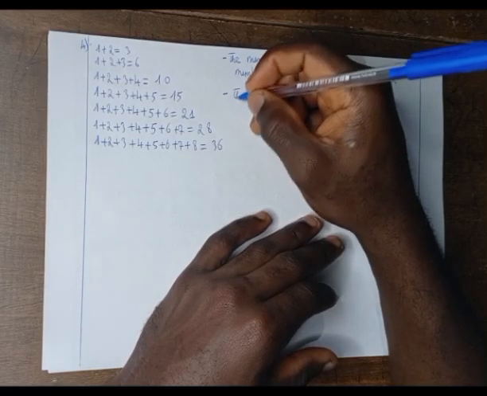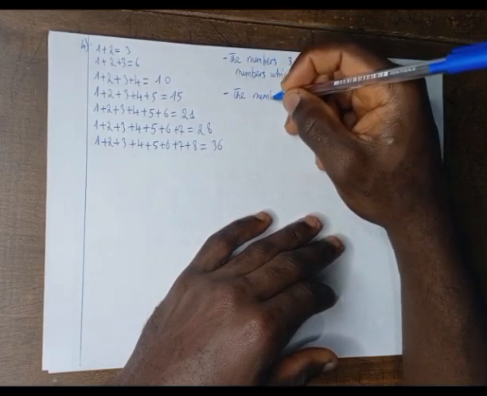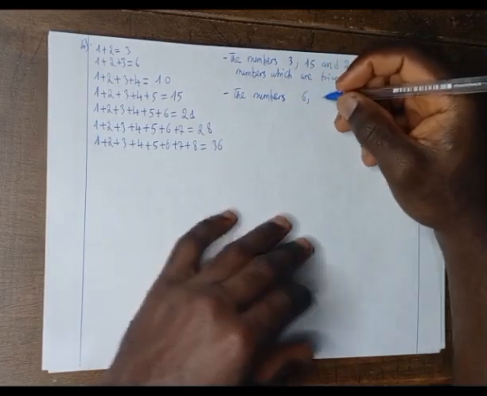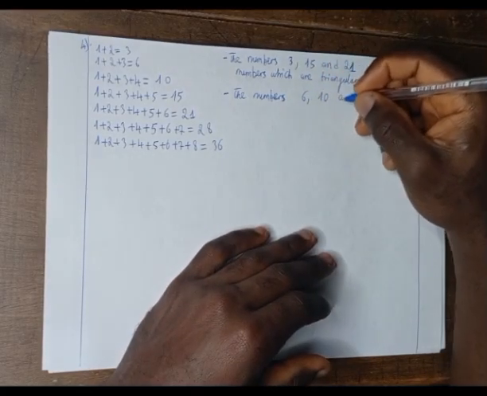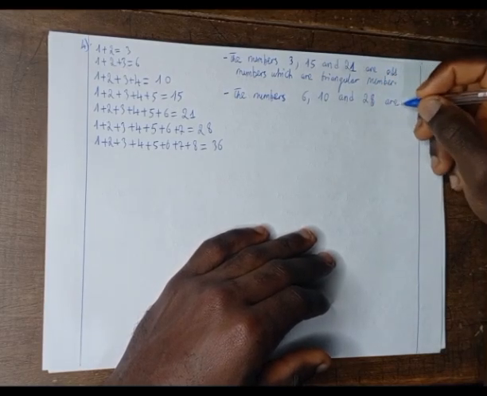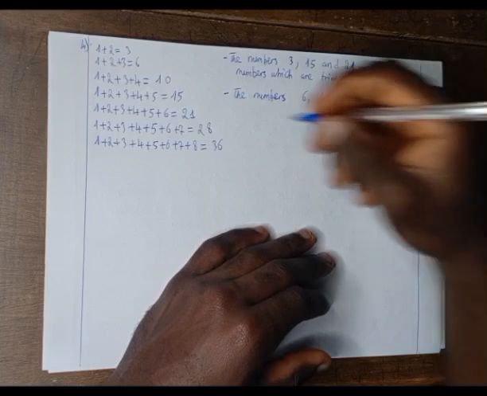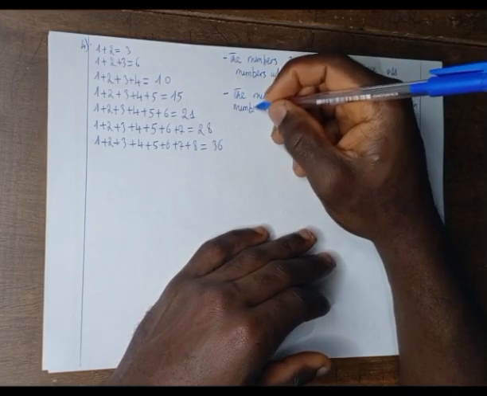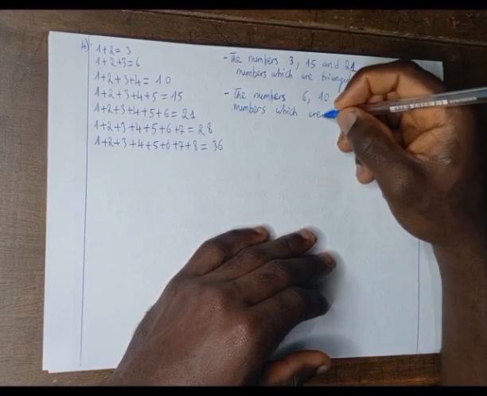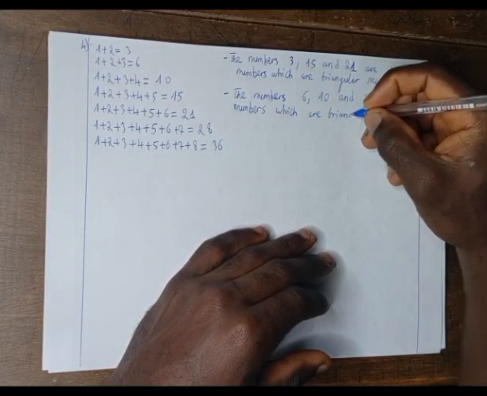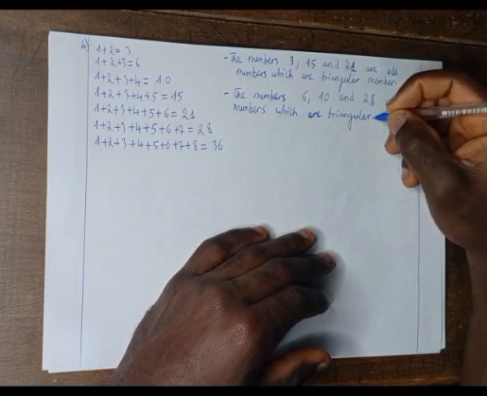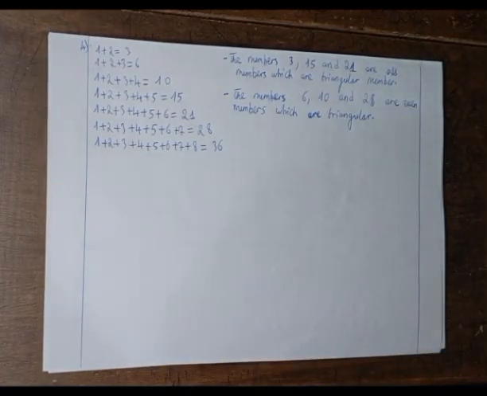Then the second, the numbers 6, 10, and 28 are even numbers which are triangular. And we are done with the correction of the exercise for application.